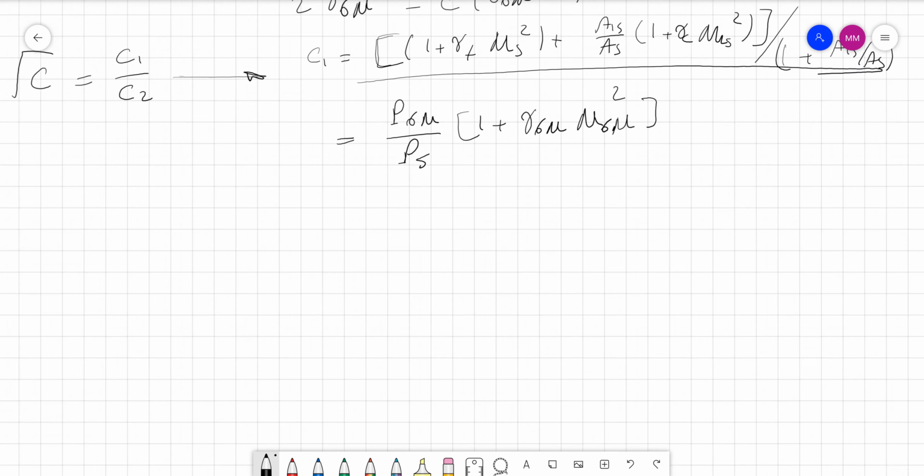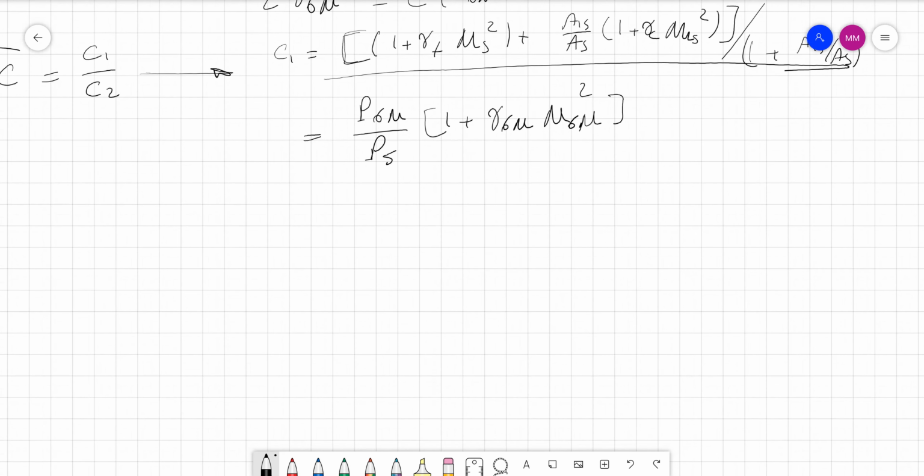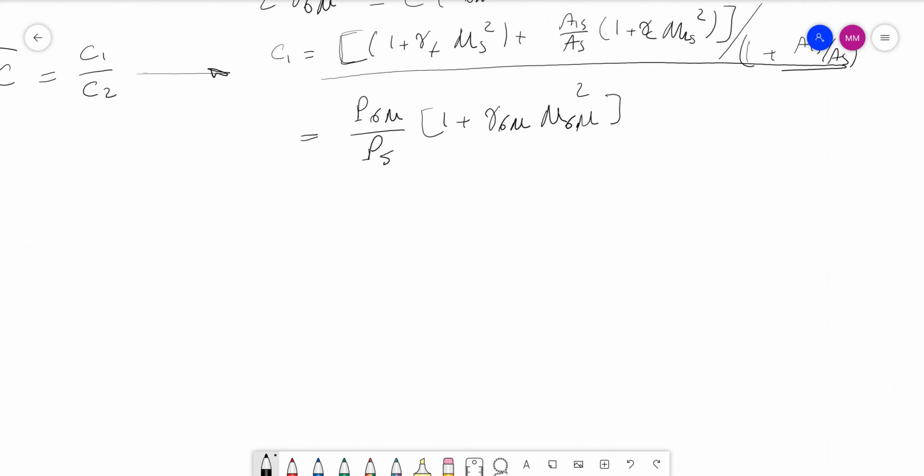One question you may have is about the area ratios. We have never seen an area given to us, so it is possible that we won't have the area ratios. How can we find them? It's pretty simple. A15 over A5 is related to m dot 15 over m dot 5, because we already know that m dot is rho a v.